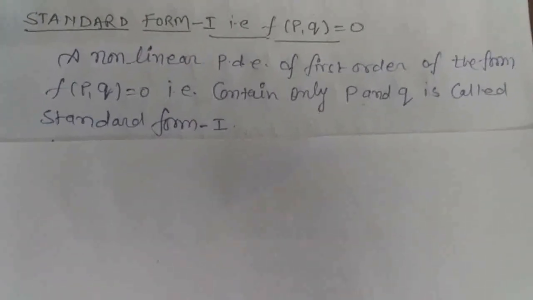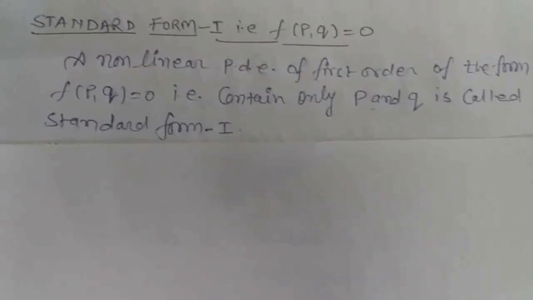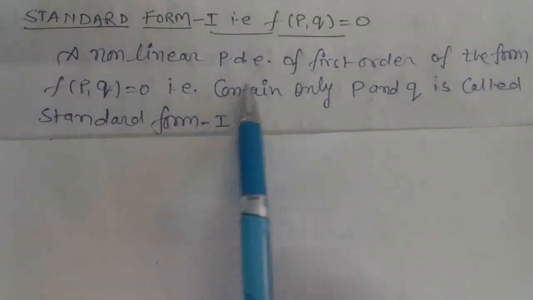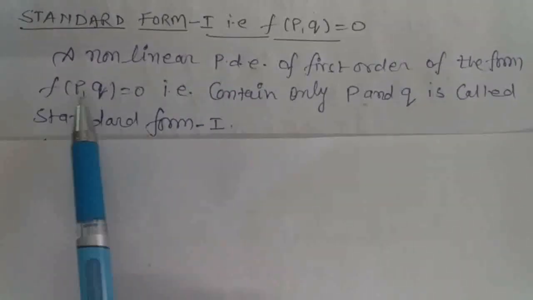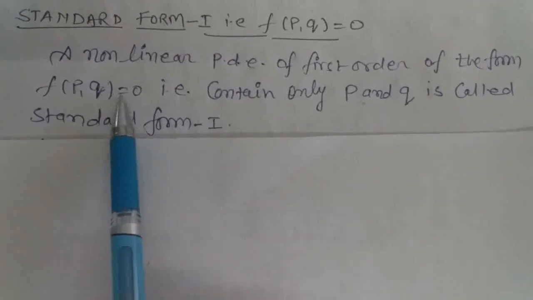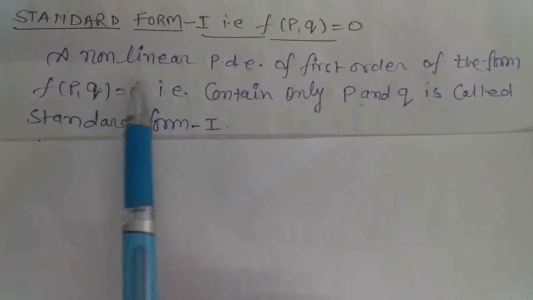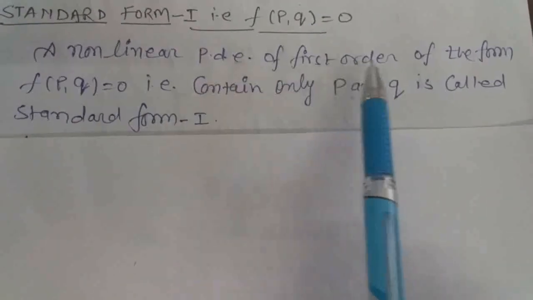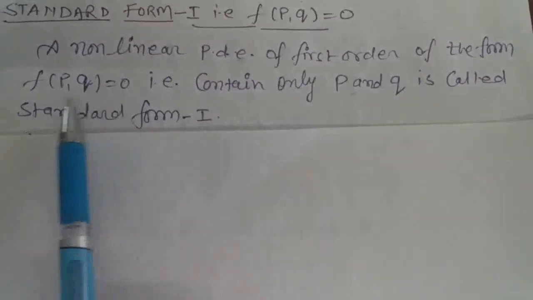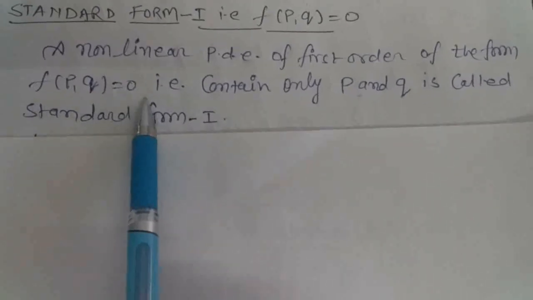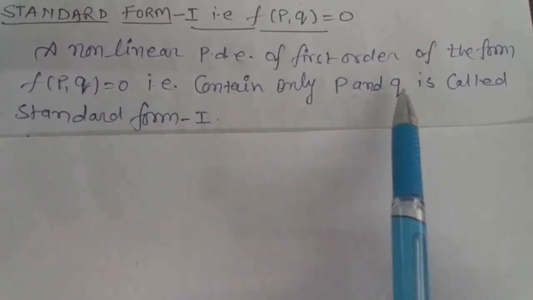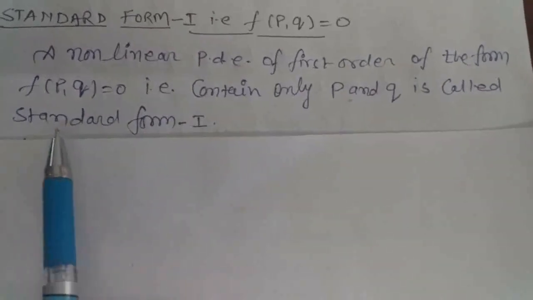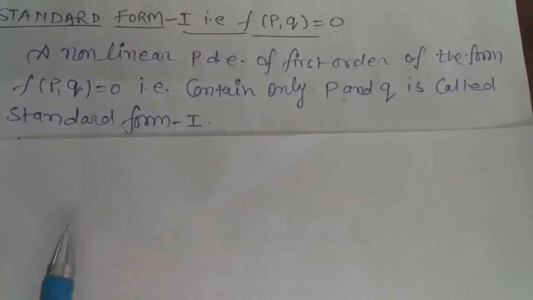So first we take standard form first. A non-linear partial differential equation of first order of the form f(p, q) = 0, that is, containing only p and q, is called standard form first.